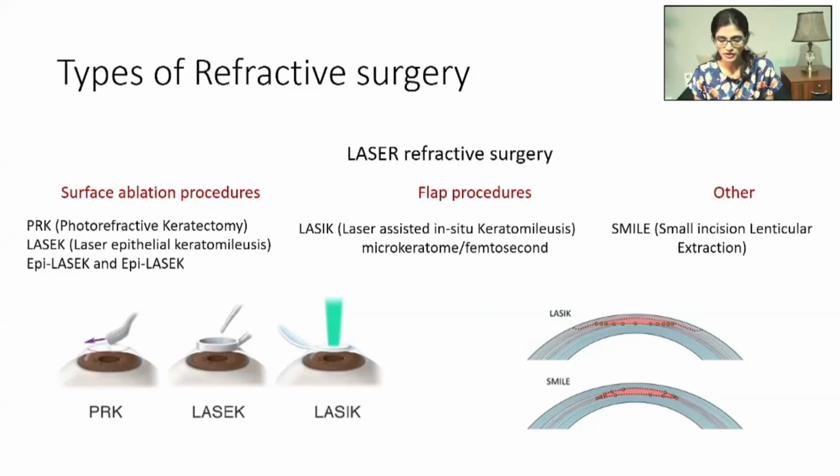Now, not everyone is eligible to undergo laser refractive surgery for their refractive errors. Basically, the higher the refractive error is, this is a rough saying, the more collagen or stroma you need to remove to correct that error.